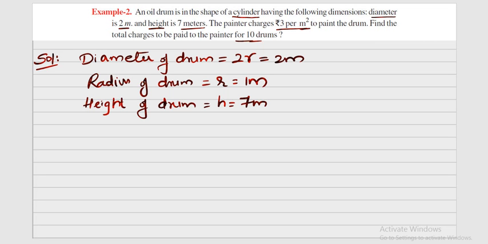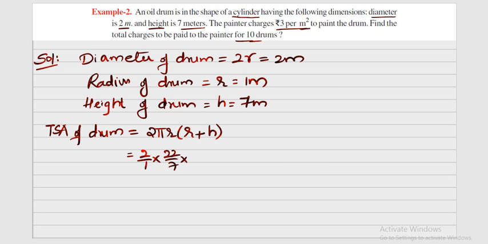So first of all we need to write down all the given things. Now since I need to paint the drum, and oil drum means every side will be closed, that means we need to find out the TSA of the drum. The drum is in the shape of a cylinder, so 2 pi R into R plus H. This is the formula which we are going to use. So 2 by 1 into 22 by 7 into, what is radius here? Radius is 1 by 1 into 1 plus 7, right?